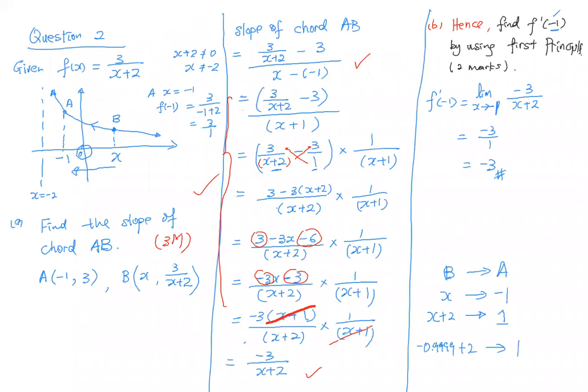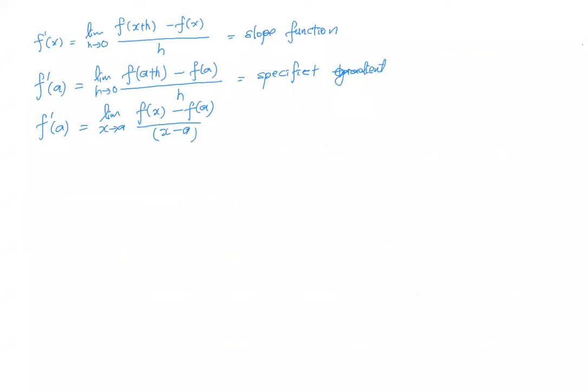So if you understand what limit is all about, what first principle is all about, you get from an average rate of change to a specific instantaneous rate of change. So that is what first principle is all about. So these three formulas can be used. For me, I prefer to go to my basics, find the average rate of change, then get the answer.